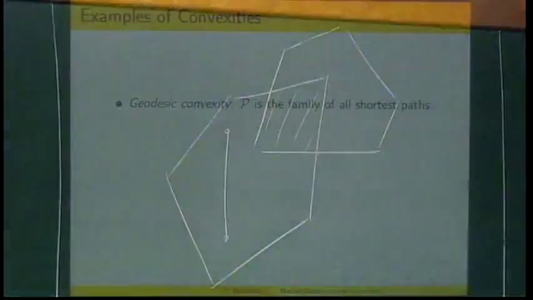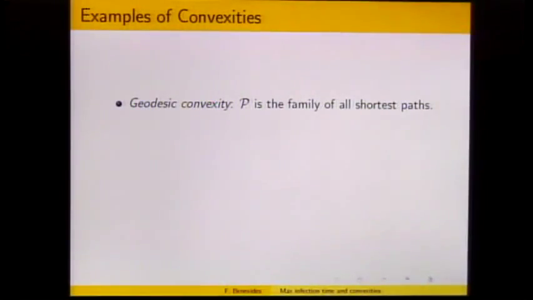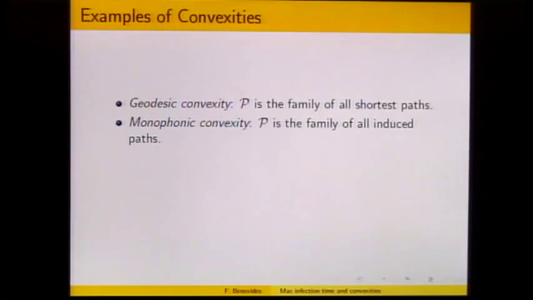And then, in the particular case in which P is the family of all the shortest paths in our graph, we call this a geodesic convexity. In the particular case in which P is the family of all induced paths, we call this the monophonic convexity. So what do I mean by an induced path in a graph? It's just any path that doesn't have any shortcuts.